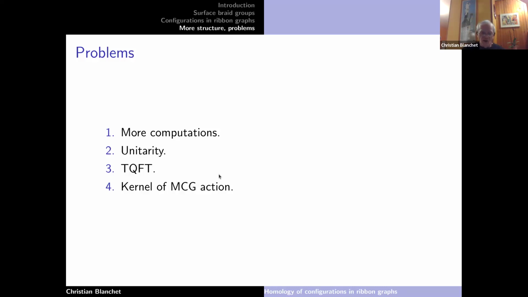And of course, we are interested in the big question of the kernel of the mapping class group action. Some people would think about faithfulness. Personally, I think that faithfulness will need a slightly more involved local system than Heisenberg, but I'm not completely sure. So I will stop here.